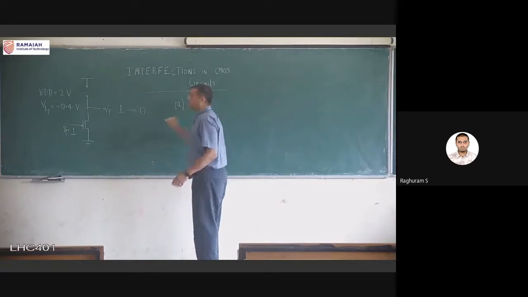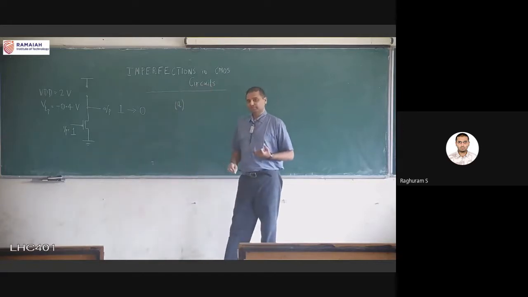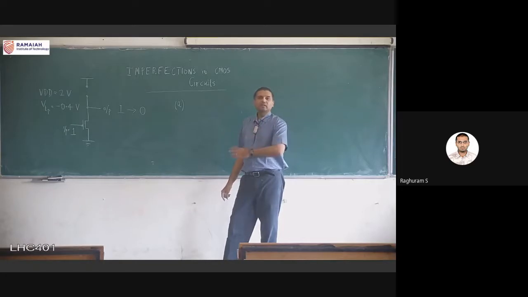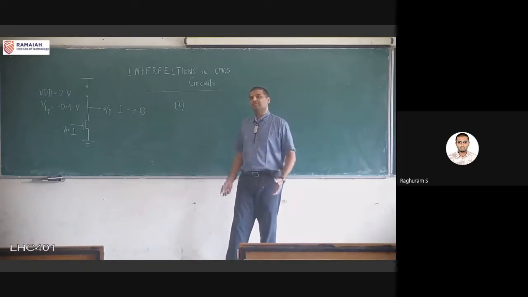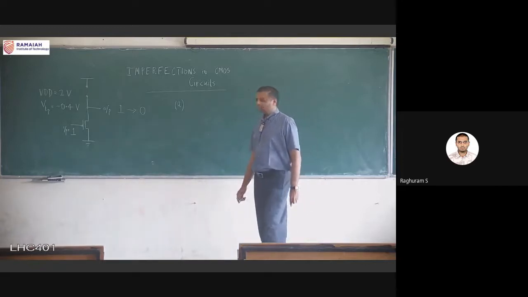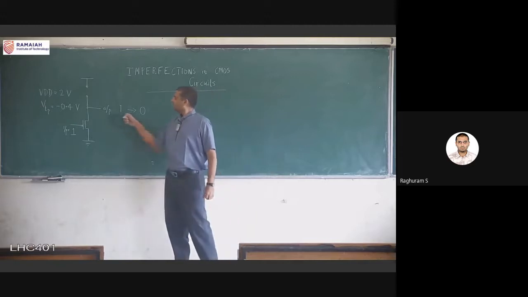Okay, so in each case, what is changing? Can you tell me? Based on this circuit, I have say A, B, C, D, 4 cases. In each case, what is the thing that is changing in our analysis? What is changing is the value.